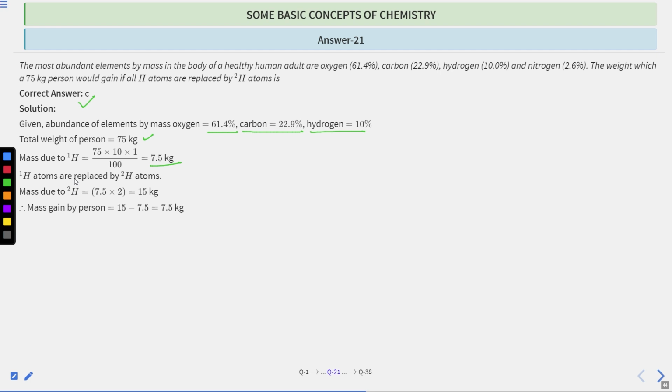And hydrogen atoms are replaced by deuterium atoms, so mass due to deuterium atoms will be 7.5 multiplied by 2, that is 15 kg. Therefore, mass gained by the person will be 15 minus 7.5, the initial weight, which comes out as 7.5 kg. Hence, option C will be the correct answer.